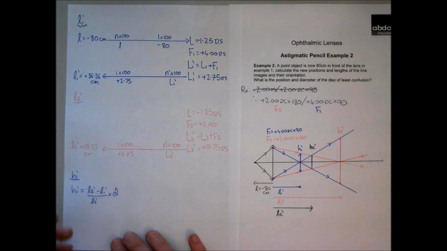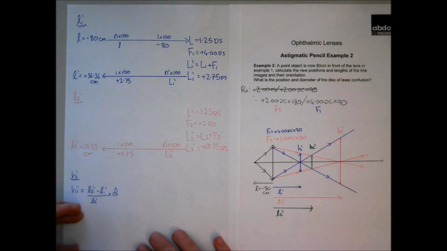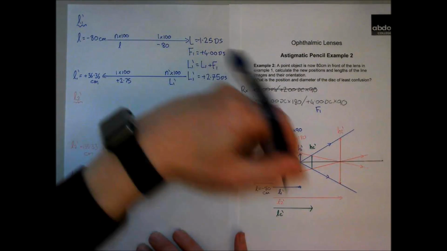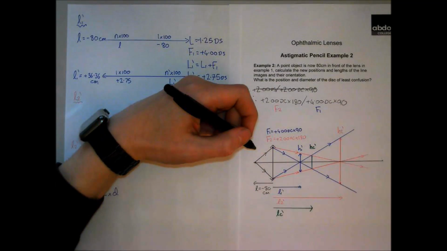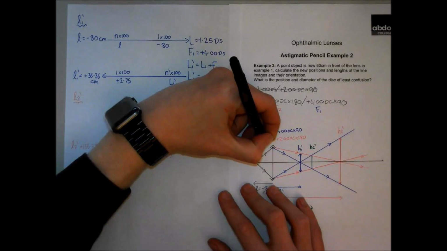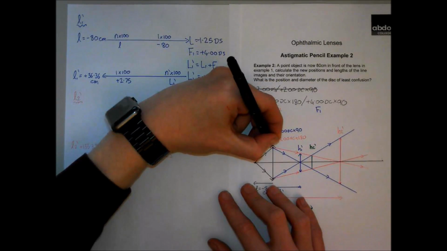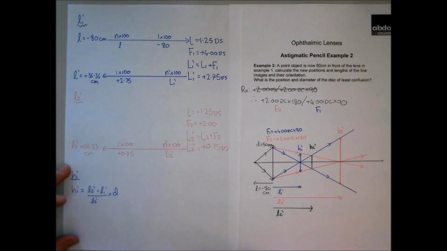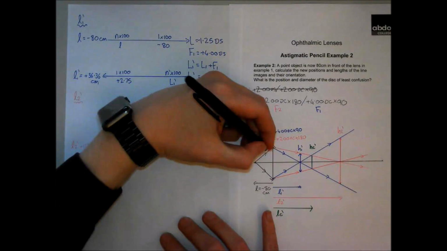D is the diameter of the lens. Now we might remember from our previous question, the diameter of our lens was 50 mil. In that case, that will be 5 centimeters.